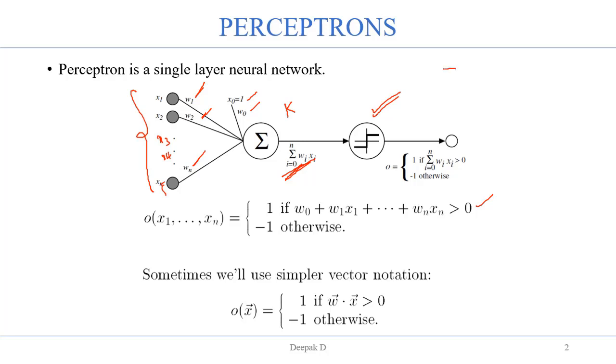That can be written as summation of k equals 1 to 5 inputs, and this entire term is called your net value. This is the total weighted sum value that I have received from this equation.